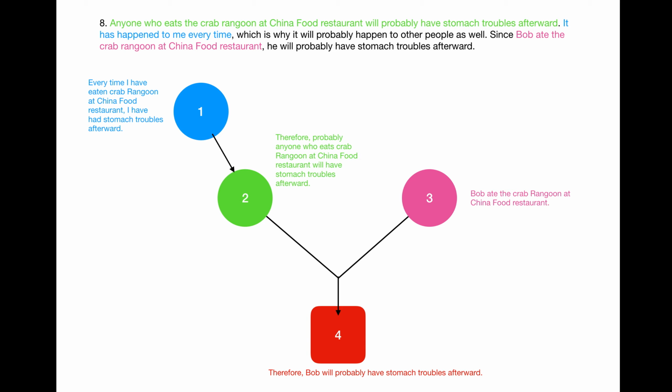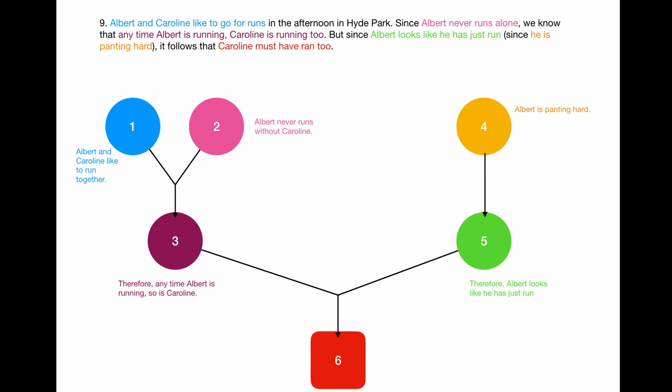We haven't established that people often get sick from eating there, so it doesn't tell us our conclusion either. But when we add 2 and 3 together, that when people eat at this restaurant, they often get sick, and Bob ate at this restaurant, then we can get to the conclusion Bob will probably get sick. Okay? All right. Number 9.